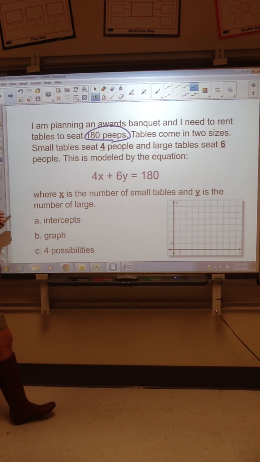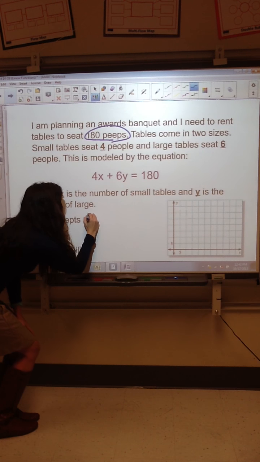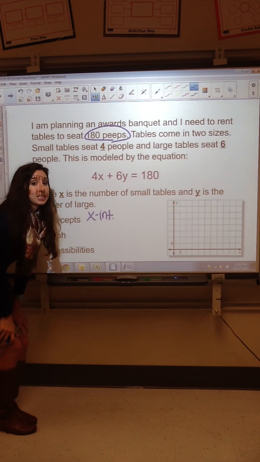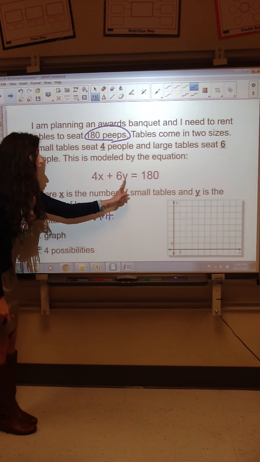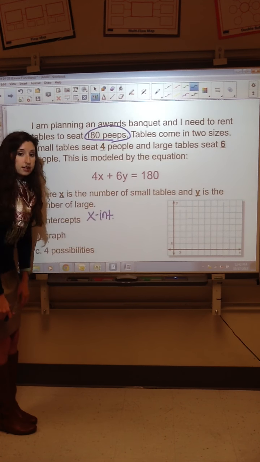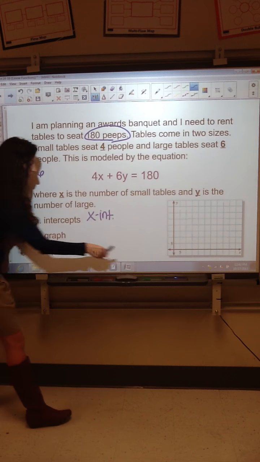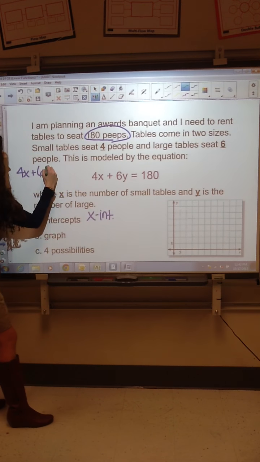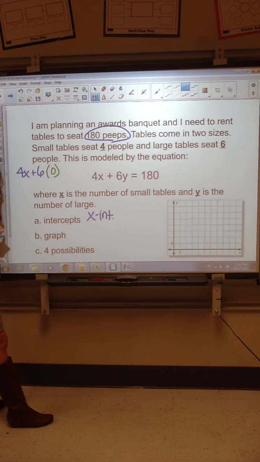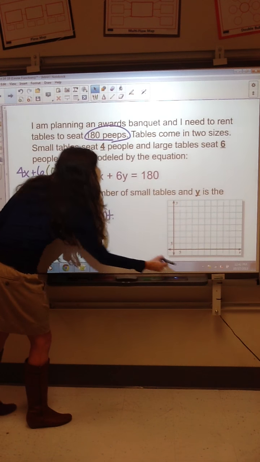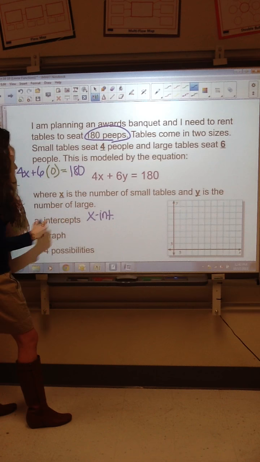The intercepts, there are 2 of them, an x and a y. So for my x-intercept, I have to plug 0 in for y to find x. So let's do that. 4x plus 6 times what? 0. Remember, I need x, so y is 0, equals 180.